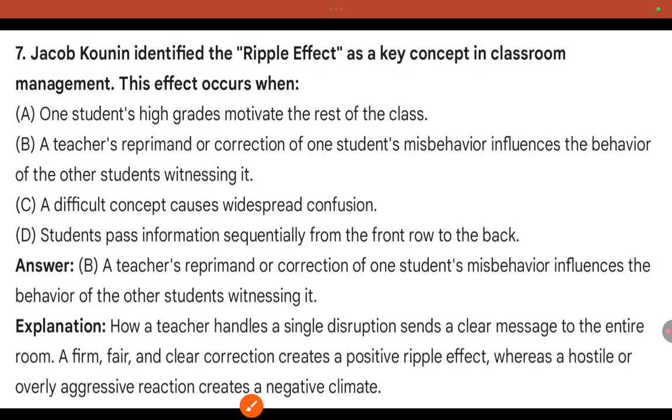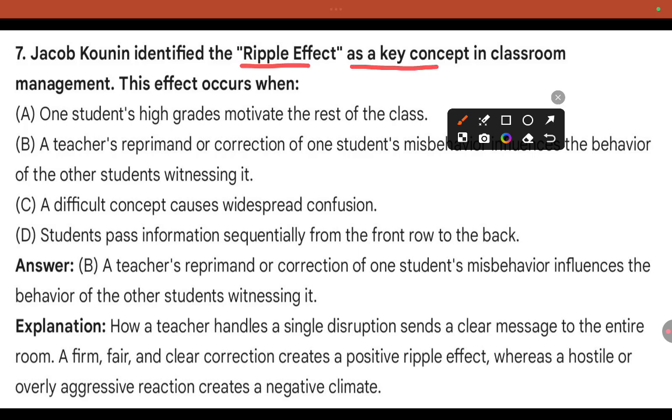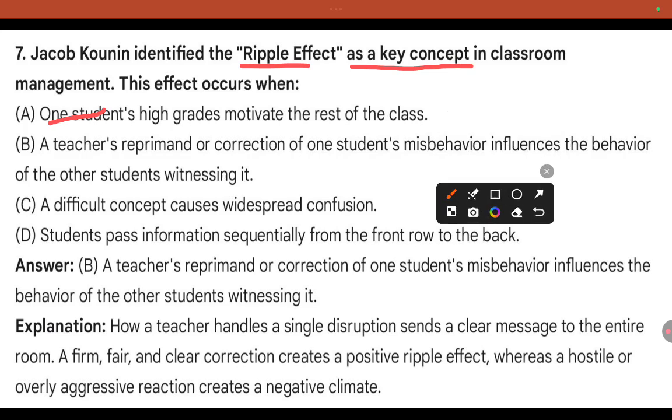Question 7. Jacob Kounin identified the ripple effect as a key concept in classroom management. This effect occurs when: A. One student's high grade motivates the rest of the class.